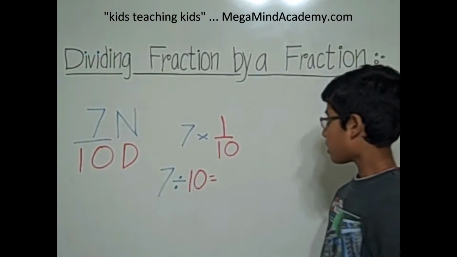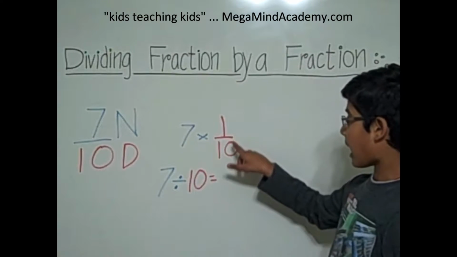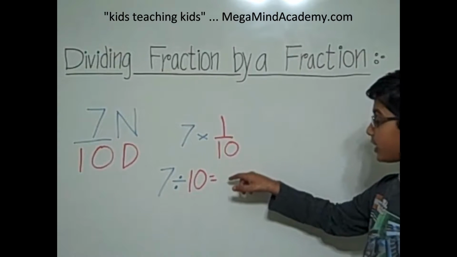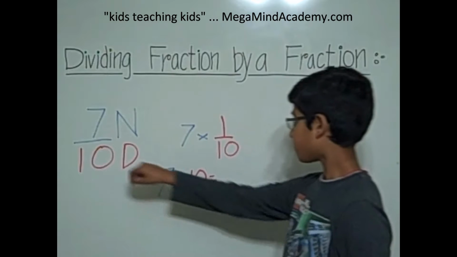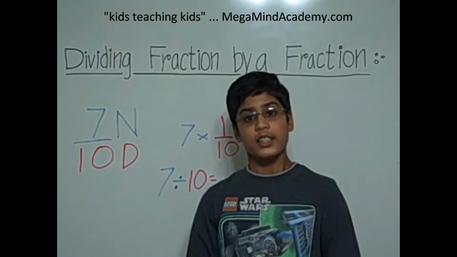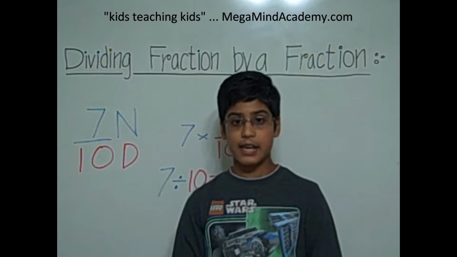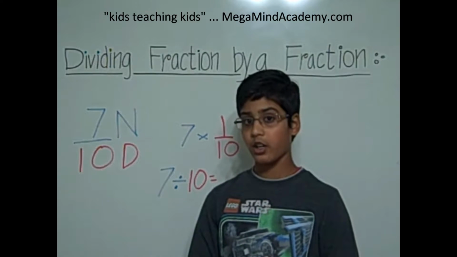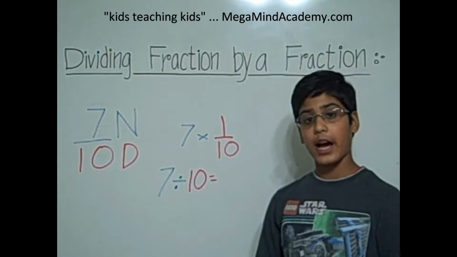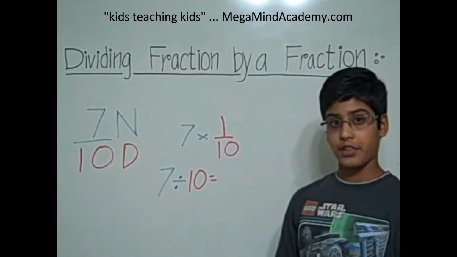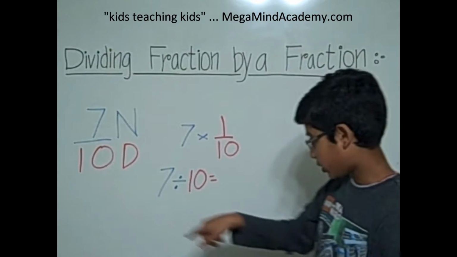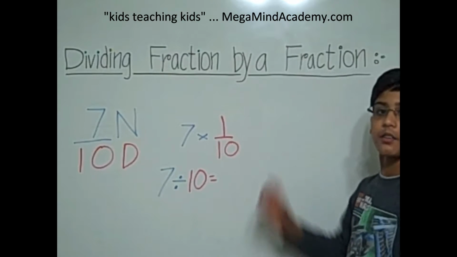So, note over here that 1/10 is the reciprocal fraction for 10. So, dividing is the same as multiplying the numerator, which in our case is 7, by the reciprocal fraction of the denominator, which in our case is 10, so our reciprocal fraction would be 1/10.